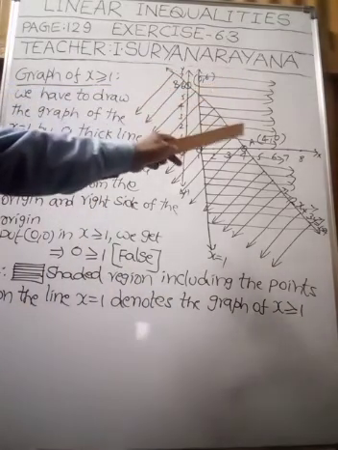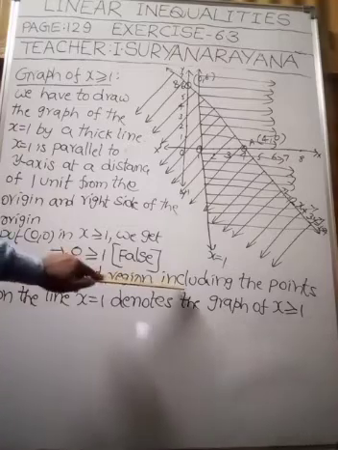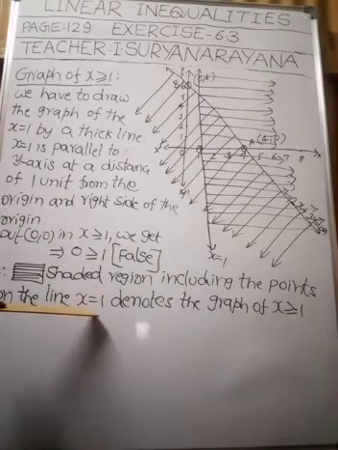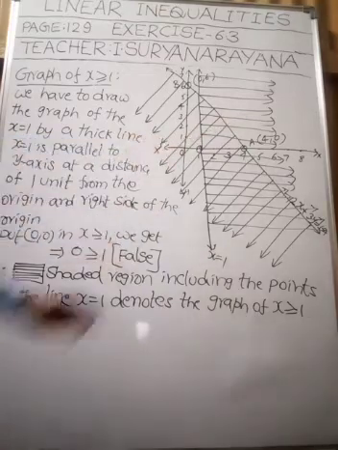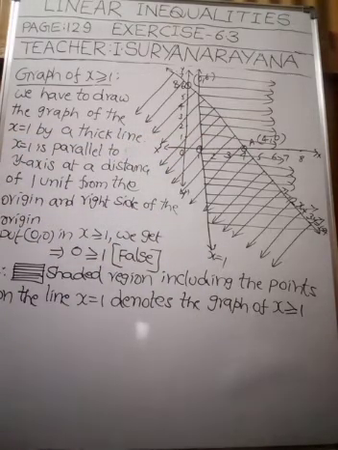This horizontal lines shaded region including the points on the line x is equal to 1 denotes the graph of x greater than or equal to 1. Understood this point, my dear children?